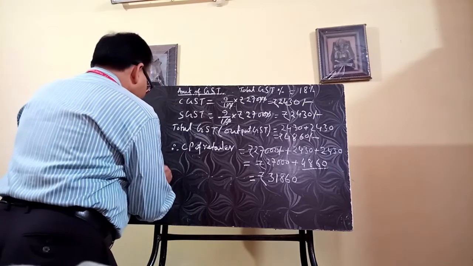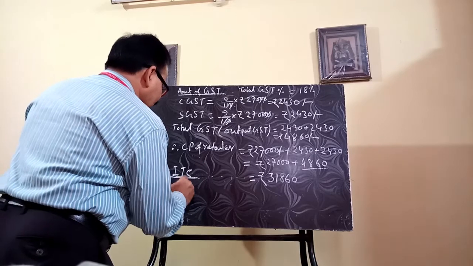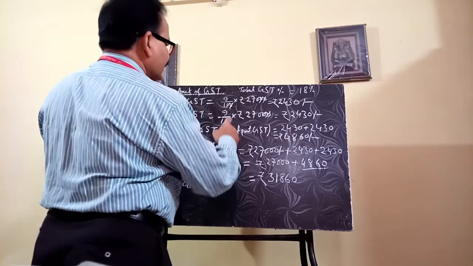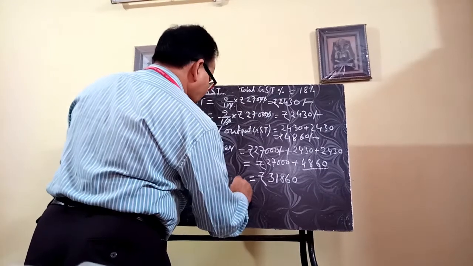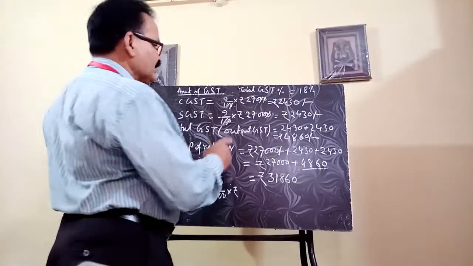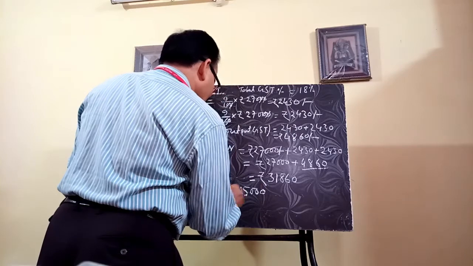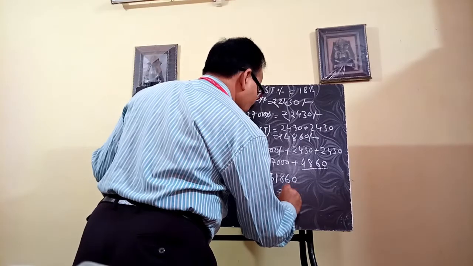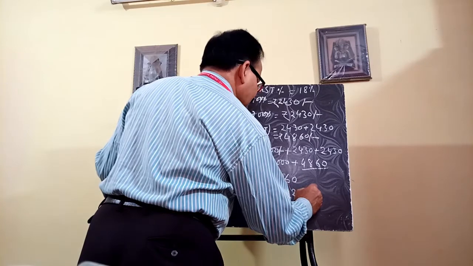For input tax credit, CGST is 9% of rupees 25,000, because the machine was originally costed at 25,000. So when the zeros cancel each other, 25 times 9 is rupees 225, here rupees 2250.